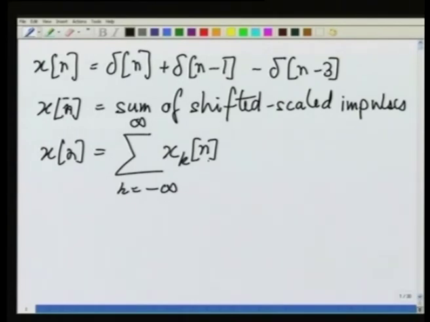Now, each x k n itself, being a very simple signal, is non-zero at only one point. That is a very, very important feature of x k n.